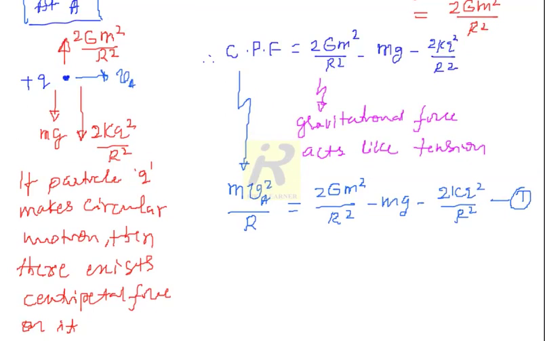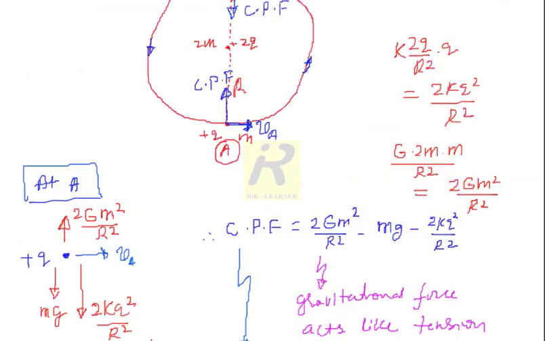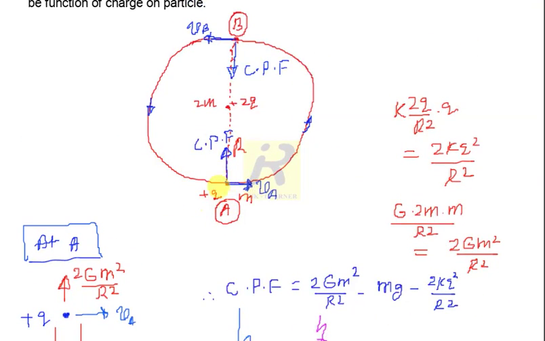Let us write something about the energy here at A with respect to this line. With respect to this line, the potential energy is 0 plus the kinetic energy, which is half mvA², right?